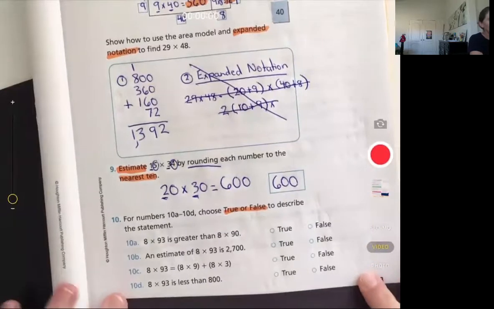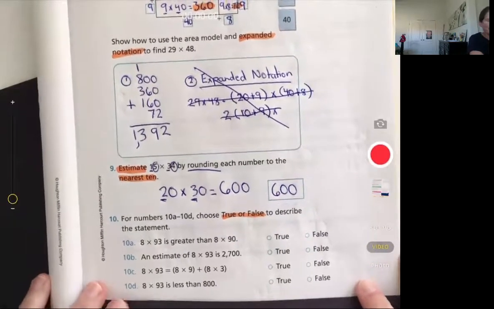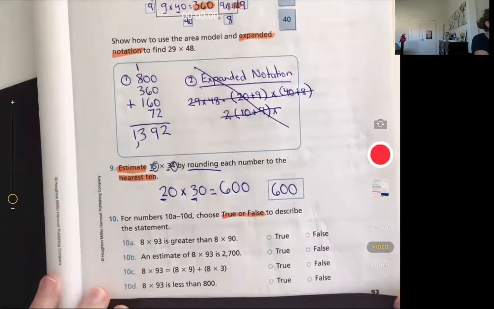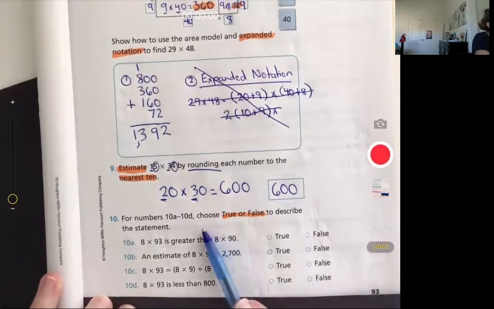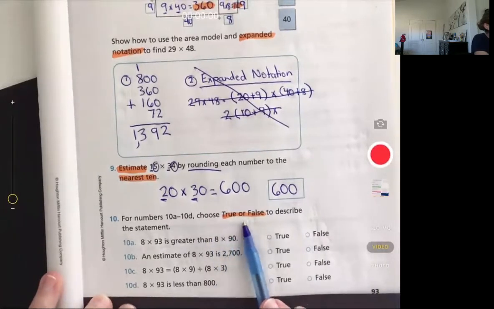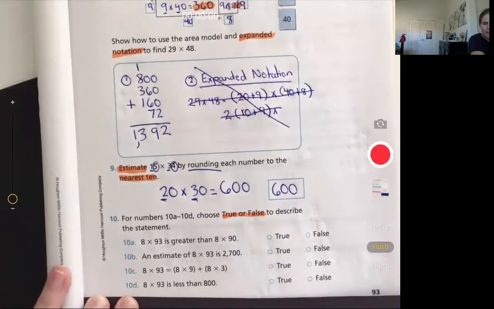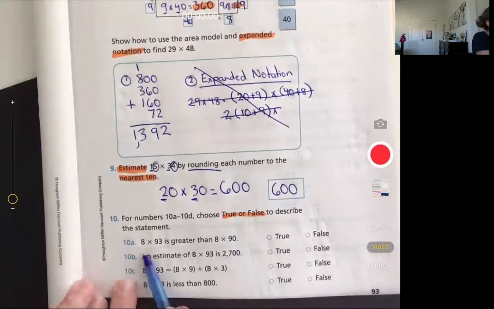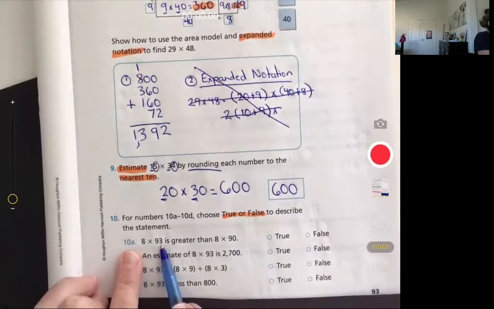And finally, our last problem for this morning, before we do the rest together, number 10. We're going to choose true or false to describe the statement. So we just have to read them and see what we think, okay? 8 times 93 is greater than 8 times 90.